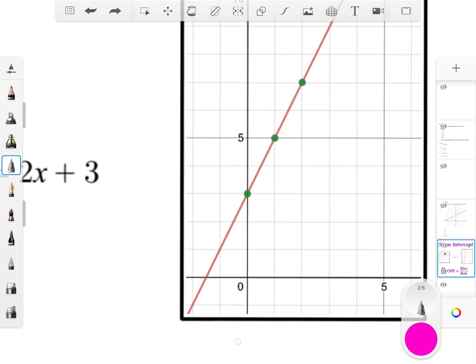But it is just like saying when x is 0, what will y be? So in this case, when x is 0, y is right here. 1, 2, 3 up. So when x is 0, y is 3. That's the y-intercept.